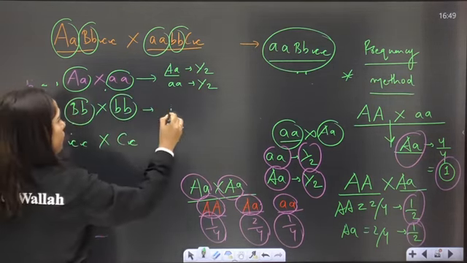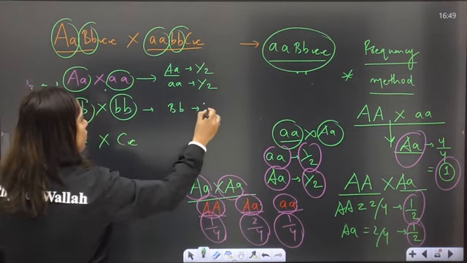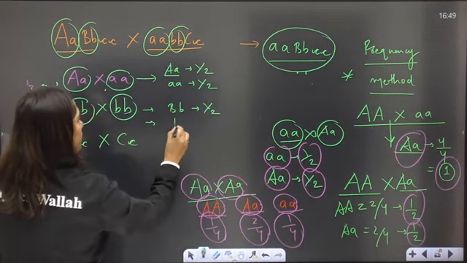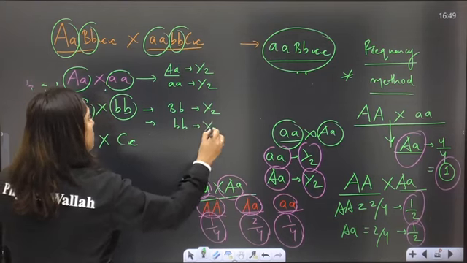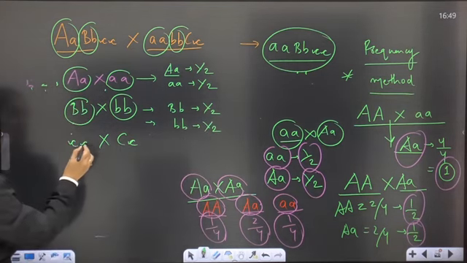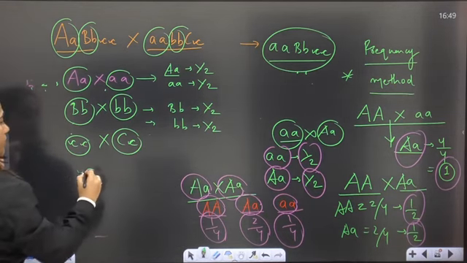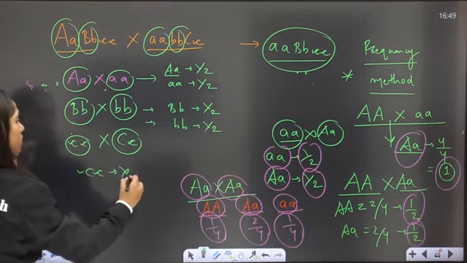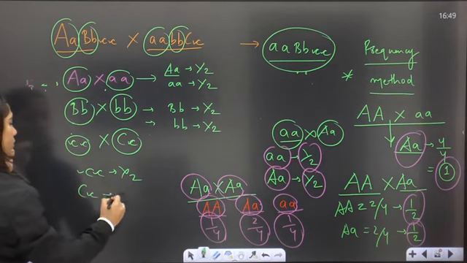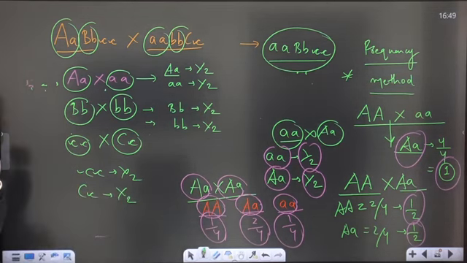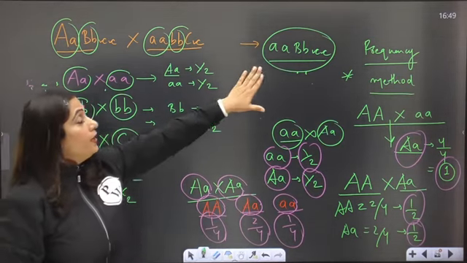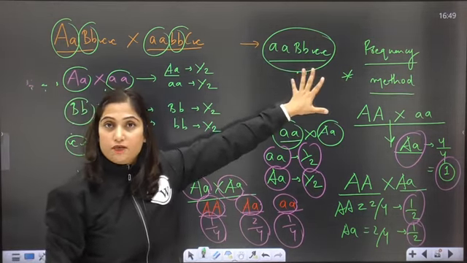So, half of the probability will be of capital B, small b, and half of the probability will be of small b, small b. Now, small c crossing with capital C, small c, again, half of the probability would be of small c, and half of the probability would be of capital C, small c. Okay. Now, what we have to find out is the probability of these individuals.